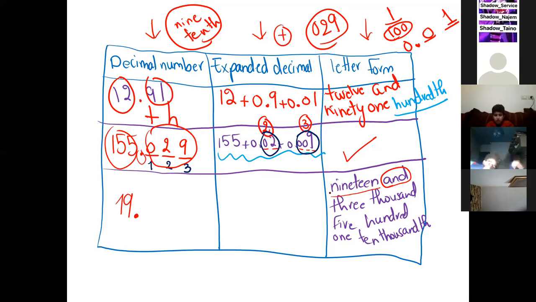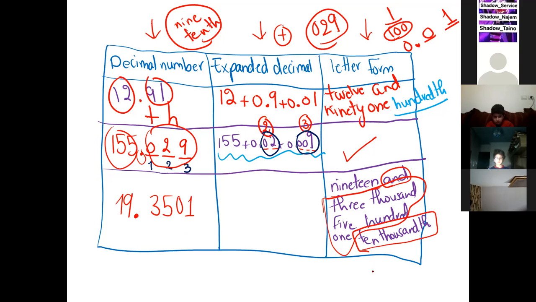Now 3,501, how do we write it in digits? 3, 5, 0, 1. 3,501. 10,000 means how many digits in the decimal part? 4 digits. Bravo. So we check: do we have here 4 digits? Yes, 3,501. Is it clear? Yes. Okay.